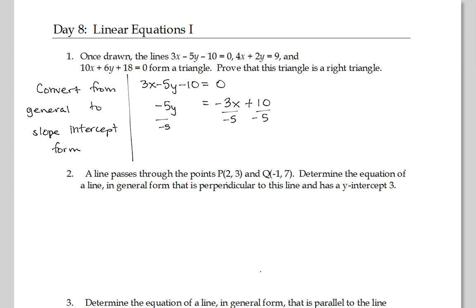So both terms on the right will get divided by negative 5. So you end up with y equals 3/5 x minus 2. What, like the 3 and the 5, it's going to end up like this? Yeah, if you can see that far ahead.